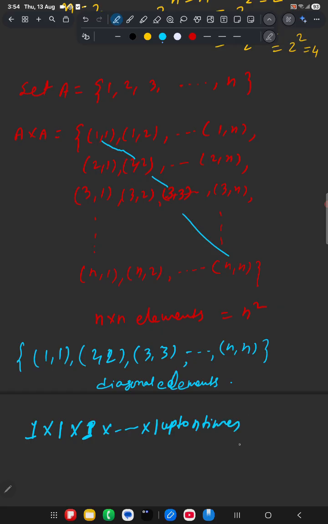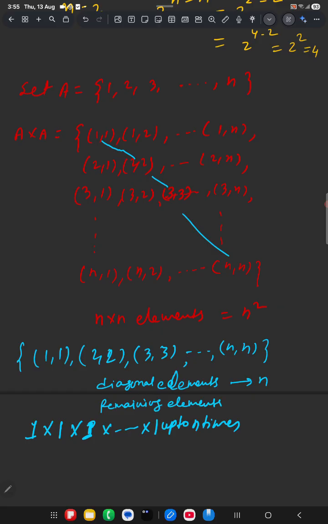Then the remaining elements, if you leave the diagonal elements, how many are left here? Diagonal elements I should write as n. Total elements are n square, so the remaining elements will be n square minus n. Each of the remaining n square minus n elements will have how many choices? Two choices: to be there, not to be there.